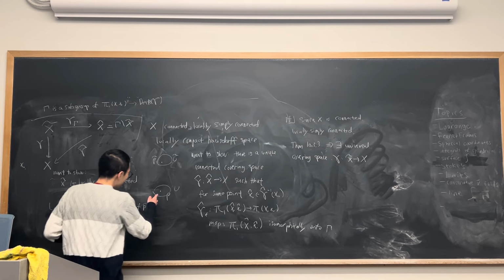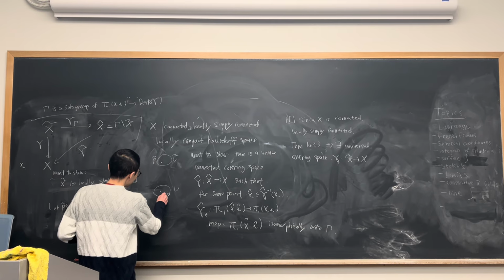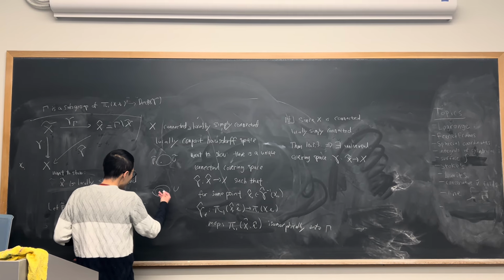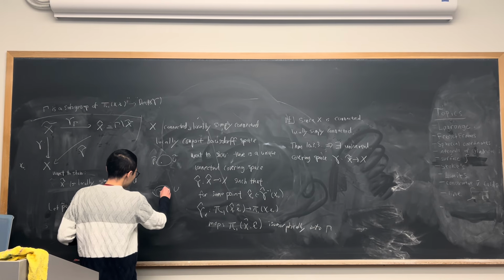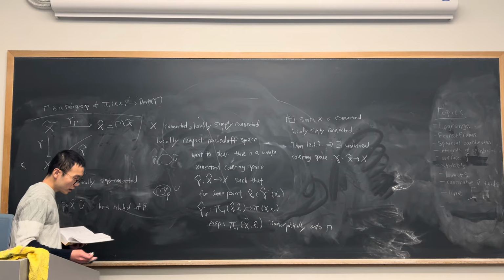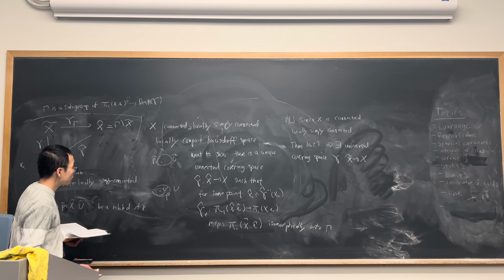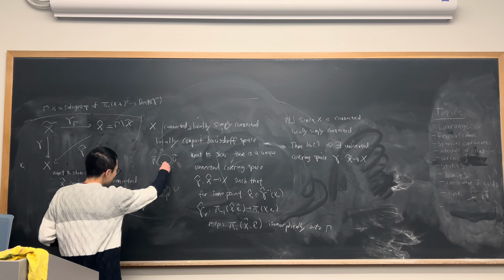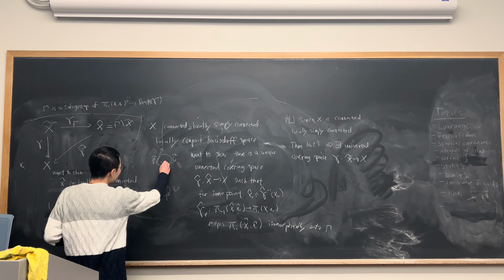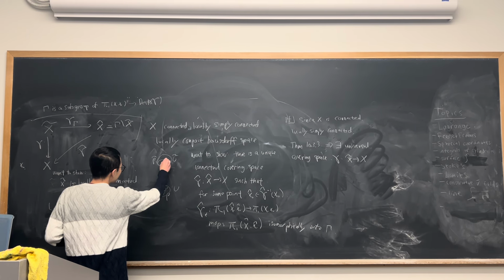And then we pick a, we can always do that, right? Let's call this U prime, be an evenly covered neighborhood, and then you take the unique component, let's say U prime tilde, that contains P prime.